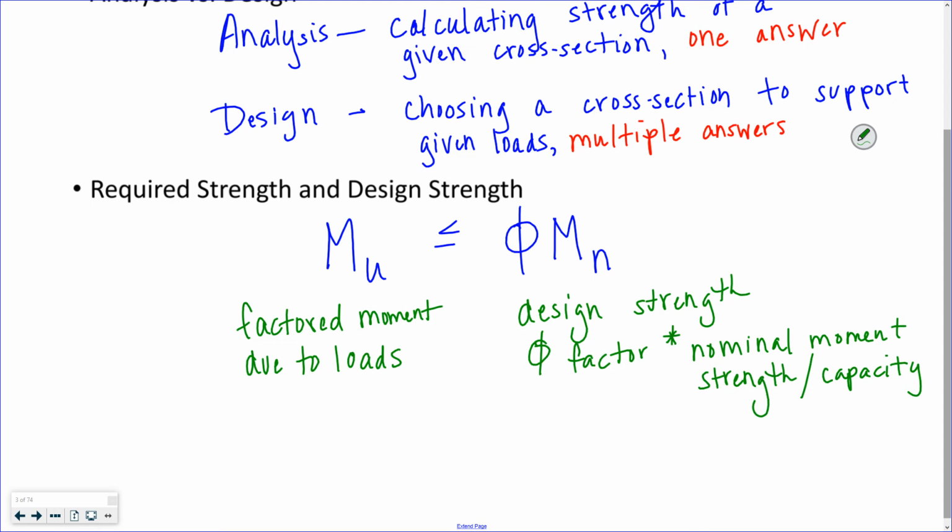And our phi factor is going to vary depending on whether the cross section is tension controlled or compression controlled. Whereas typically in steel, phi would always be the same. If you're talking about compression or tension, our phi factor is actually going to vary for flexure, although you want it to be a certain value.